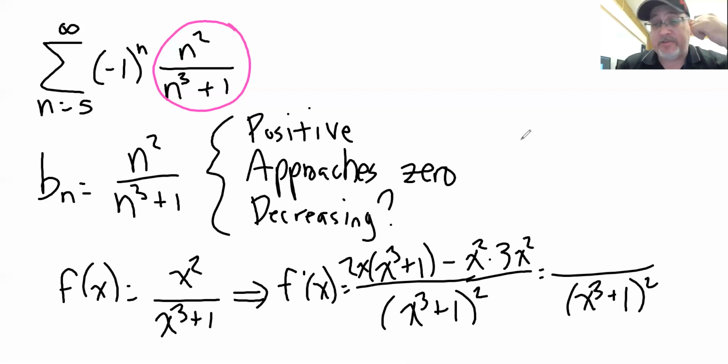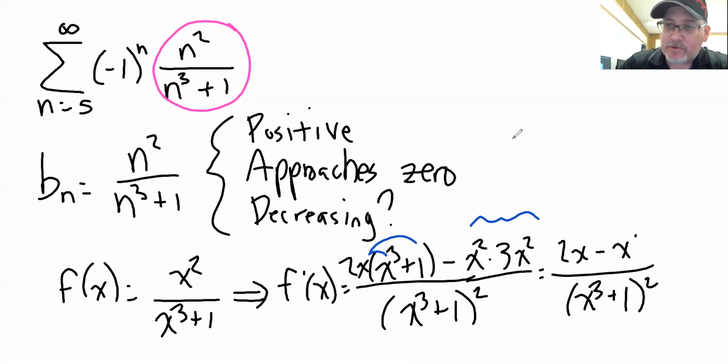So that's always positive. And in the numerator, let's see what we get. If we distribute here, we'll get 2x to the fourth plus 2x, and then we have a minus 3x to the fourth. So we get a 2x, and then 2x to the fourth minus 3x to the fourth, which is minus x to the fourth.